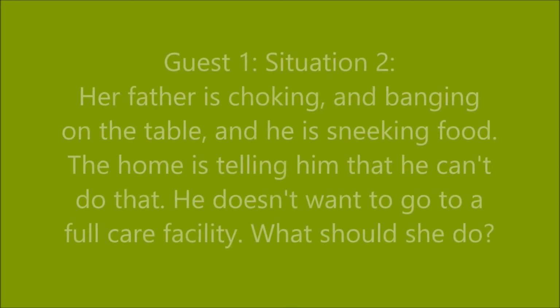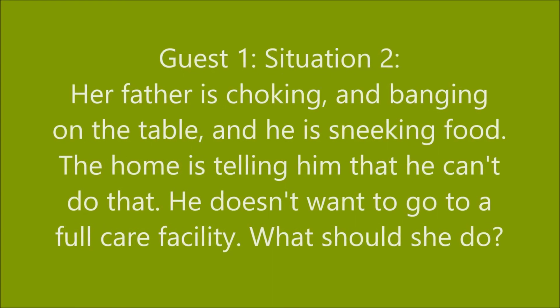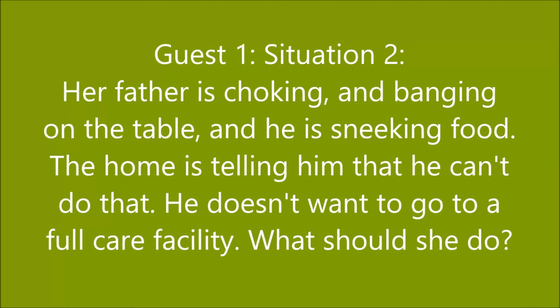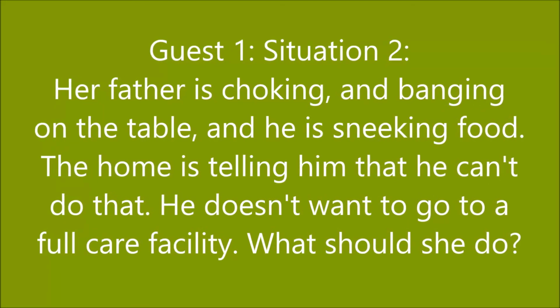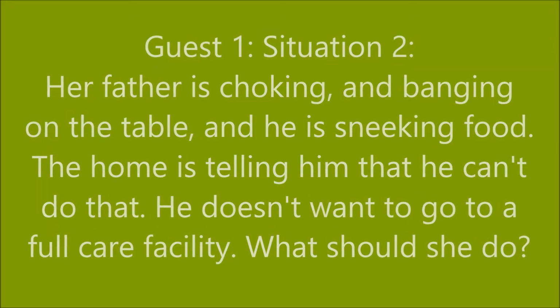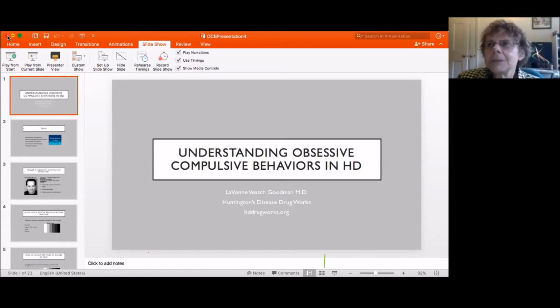Same guest, another situation. Her father is choking and banging on the table. He's sneaking food. The home is telling him that he can't do that. He doesn't want to go to another facility. What should she do? Sneaking an apple also suggests that he's still hungry.